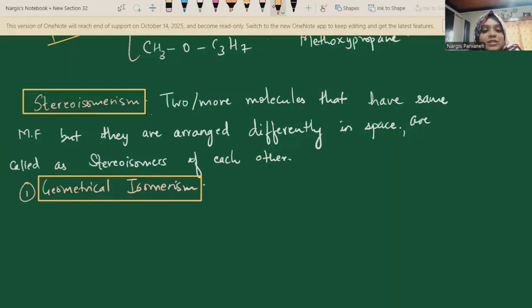Now, in geometrical isomerism, there is one important thing that the molecule should have in order to have geometrical isomerism. That is either a double bond or a ring.